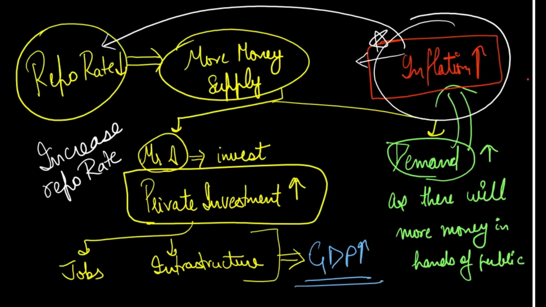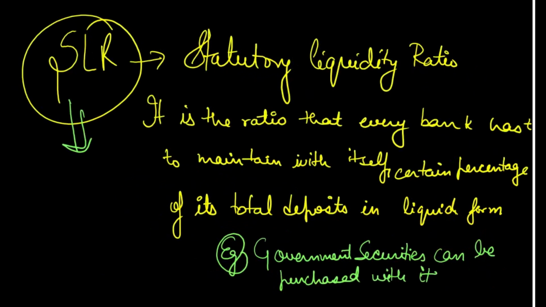So we have understood that if repo rate or CRR or SLR is decreased, it means there will be more money supply. As the interest on loan is decreased, it will increase the private investment and end up in increasing GDP, and it will also increase the demand as there will be more money in the hands of public. This will increase the inflation. So let's make a summary chart of it.